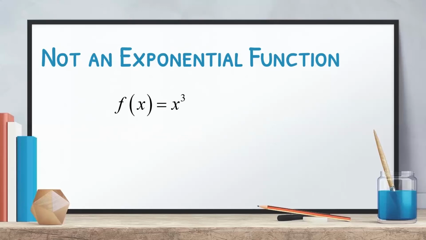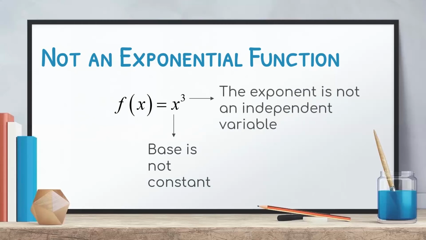F of x equals x cubed is not an example of an exponential function since the base is not constant, but instead a variable x. Also, its exponent does not have the independent variable x, but instead a constant 3.